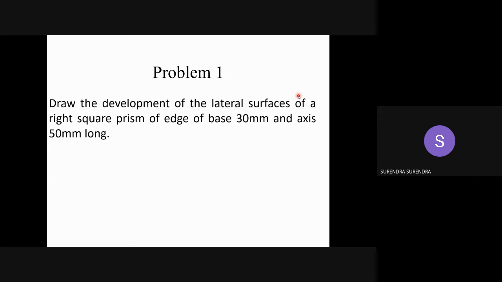The position is not given in the problem, so we have to assume the prism is resting on its base on HP and the axis perpendicular to HP. So in top view, true shape, in front view, the rectangular faces. Draw this.